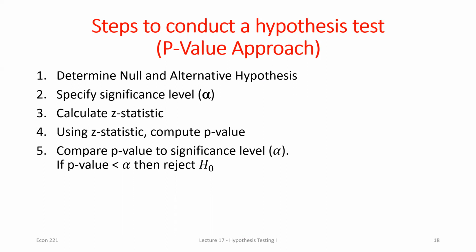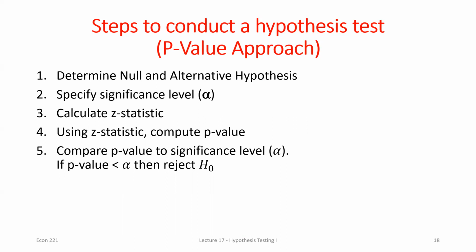I'll walk through the steps in the problem that we're doing, but it's always going to be: figure out your null and alternative. You're probably going to be told what alpha is, or you would choose the proportion of errors you want to make. Turn your sample mean into a z-value. What we'll start calling this is our z statistic.